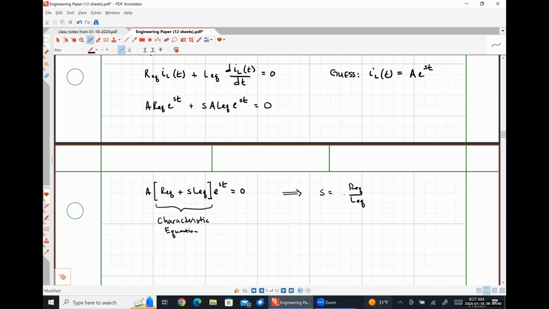Remember that negative sign down here in the notes. So this is the eigenvalue of our system, a fancy word you'll hear in Math 245. It doesn't really mean anything to us, but if we look at the units of it, so resistance is measured in ohms or volts per amp, and inductance is measured in volt seconds per amp.